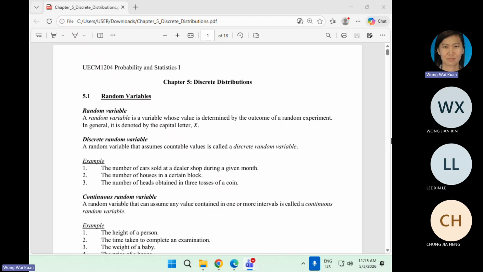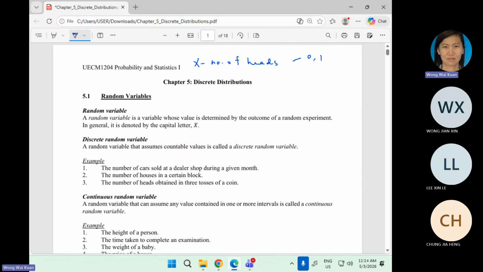When I get a tail, my X is 0, because my X is the number of heads. But I do it once only, so my X can take 0 or 1.